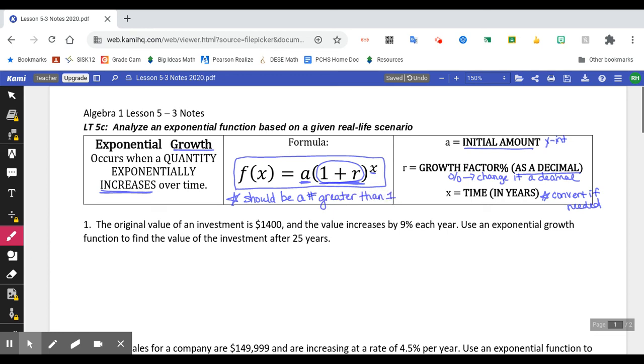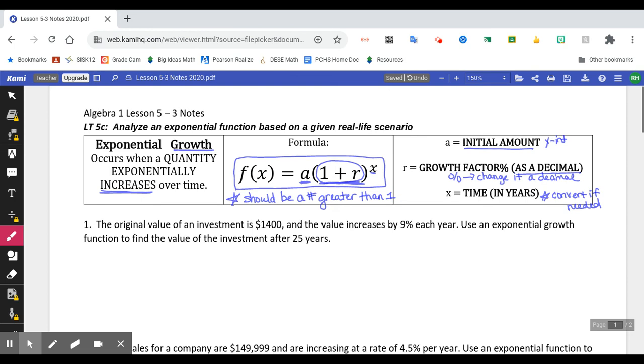This is the same thing. Once you calculate your growth factor as a decimal and then add 1 to it, it should obviously be bigger than 1. So if you end up with a smaller number, or a fraction, or a decimal smaller than 1, you know you have to add that 1 to it. So make sure that you're paying attention to that.